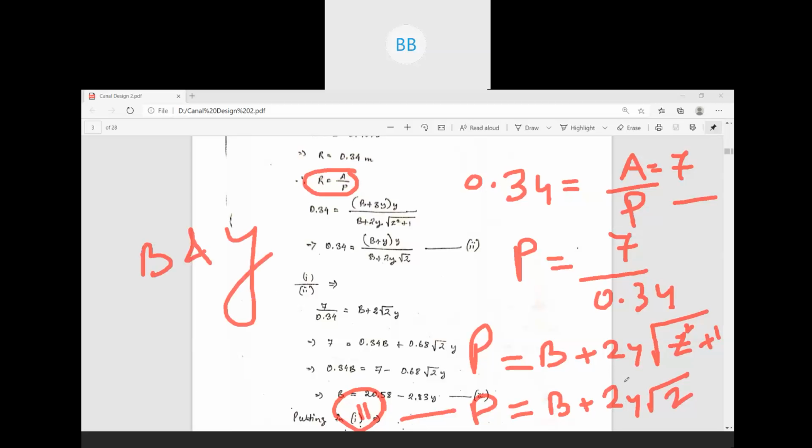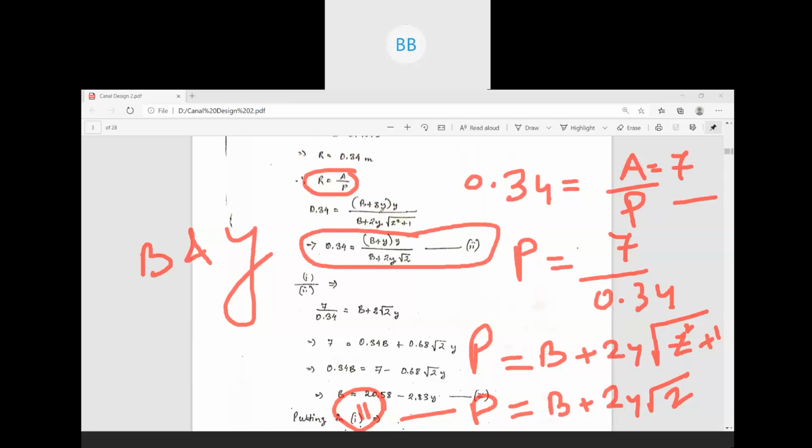You can use a calculator. In that calculator you can directly find out the b and y value. So this is one process, or you can also go for another process, but this is a little bit lengthy.